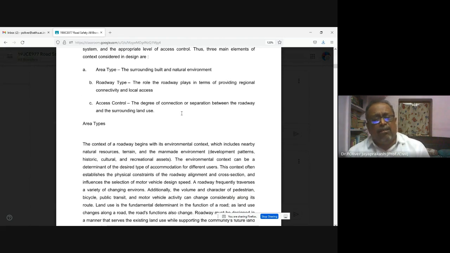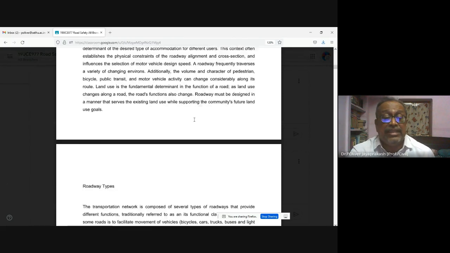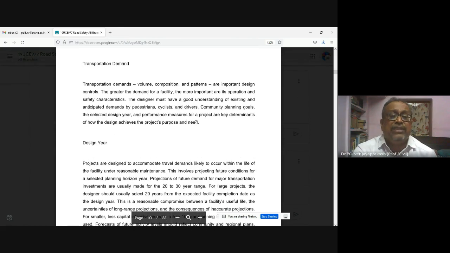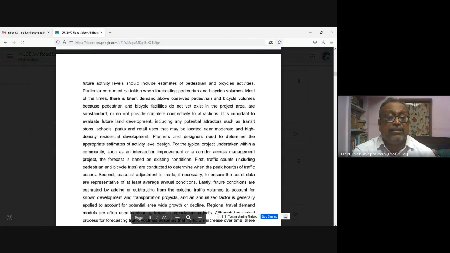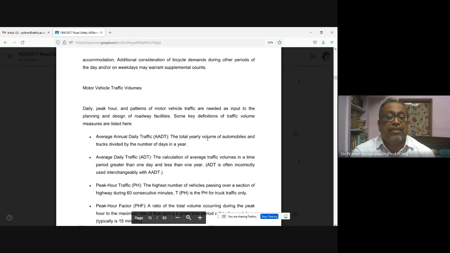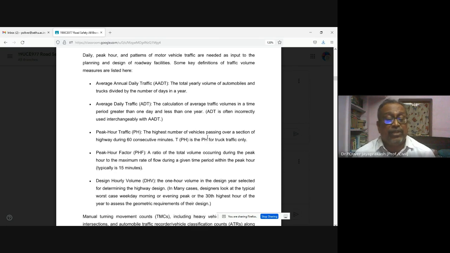Based on the location or roadway, the level of access control, the degree of road, the type of accidents and incidents varies rapidly. And most of the time, the vulnerable people get caught in it, say cyclists or pedestrians. Cyclists and pedestrians are the most vulnerable victims whenever something happens on the road, because of not understanding the road user characteristics, vehicle characteristics or road characteristics.